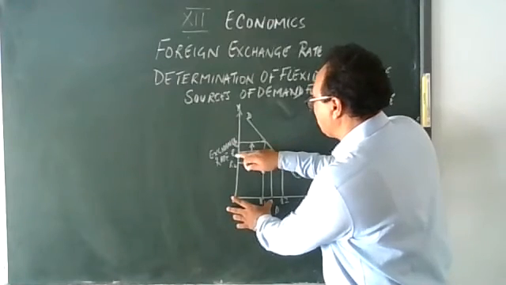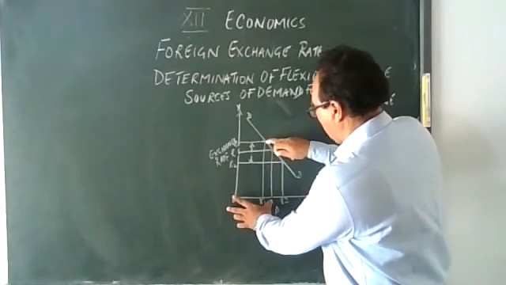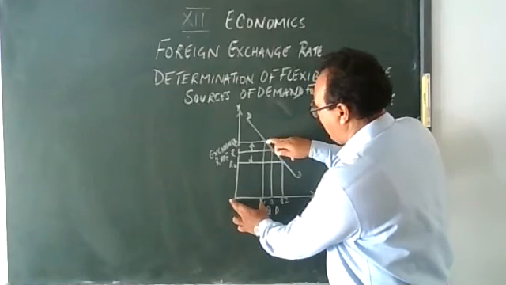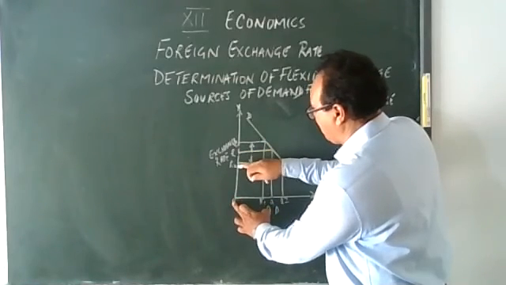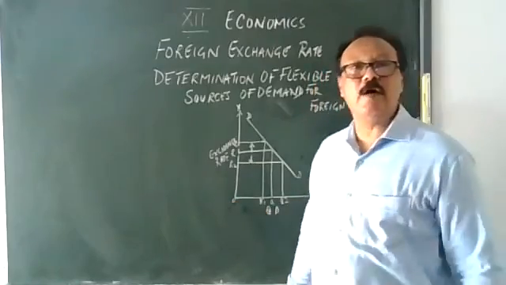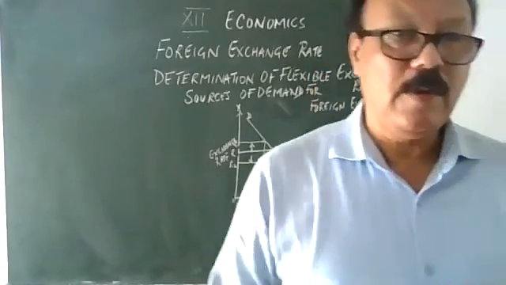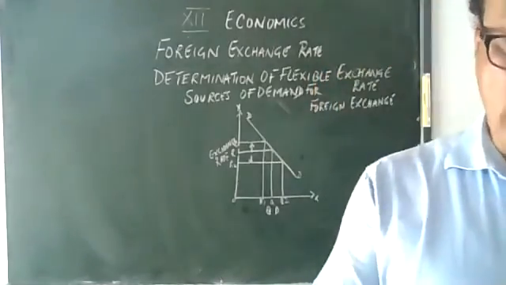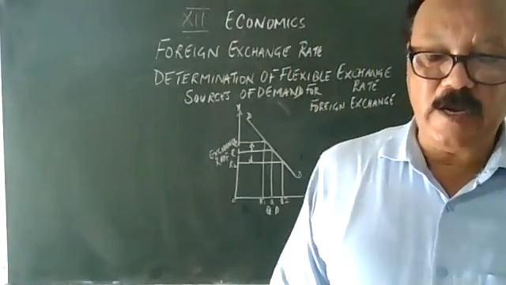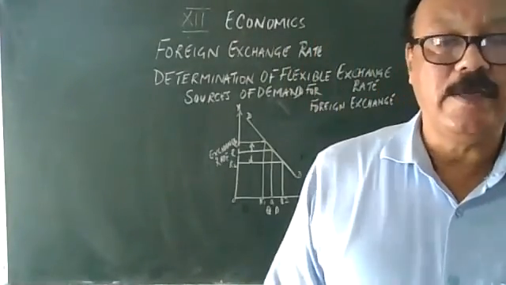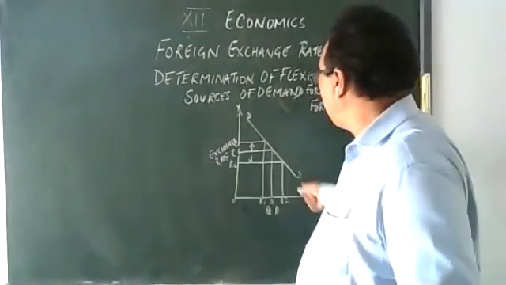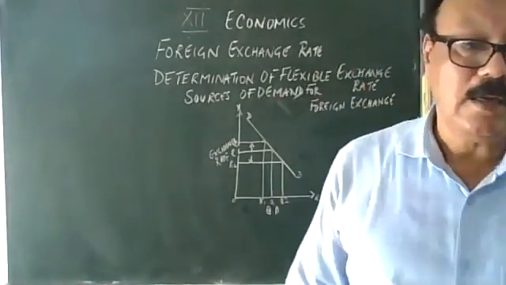When the rate rises from R to R1, now he will demand less, OQ1. There is an inverse relationship between the price of foreign exchange and the demand for foreign exchange depending on the rate, and that is why it is a negatively sloped demand curve.